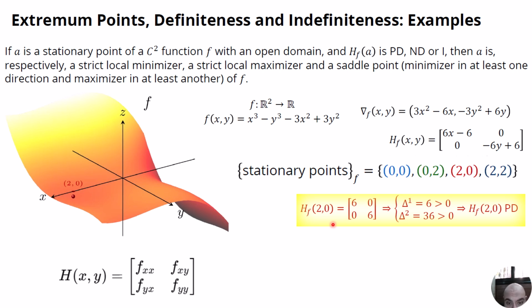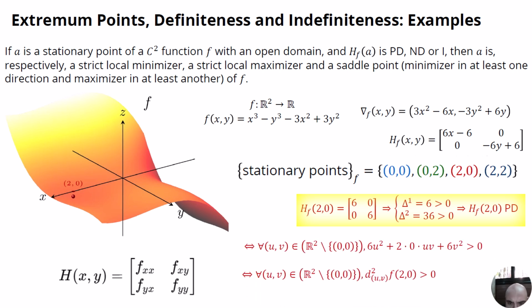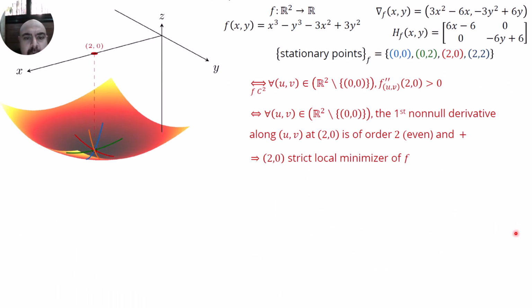The leading principal minor of order 1 is 6, and of order 2 is going to be 36. Both of them are positive. So it's a positive definite situation, which means at 2 and 0, the quadratic form is greater than 0, and then you will have a local minimizer.